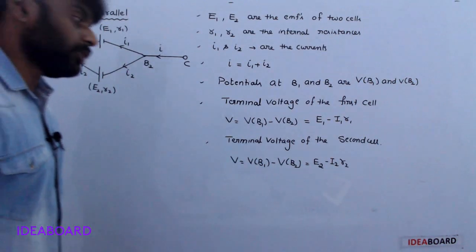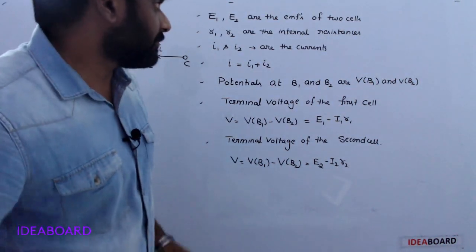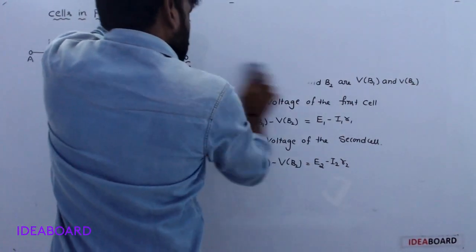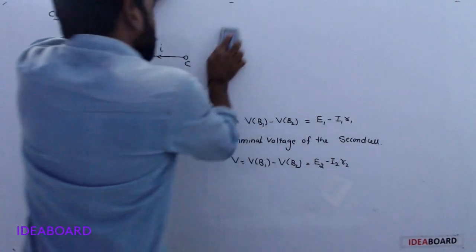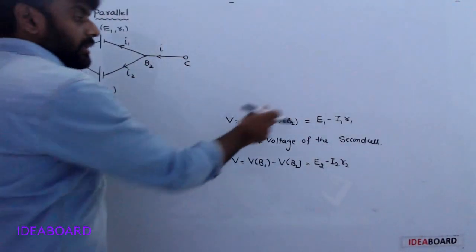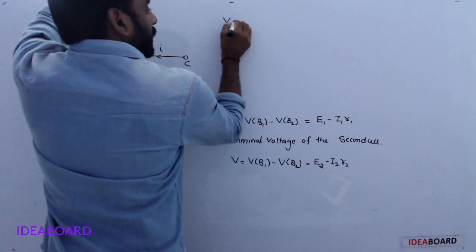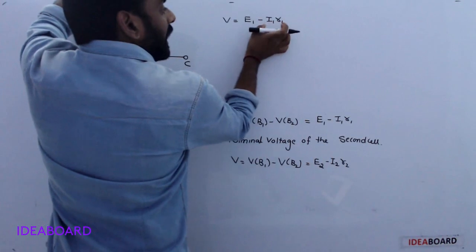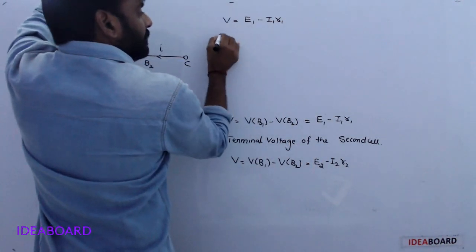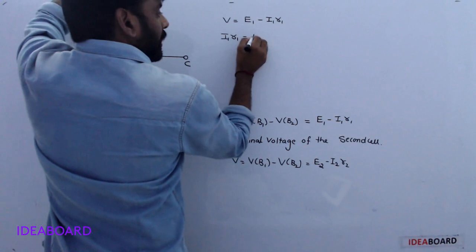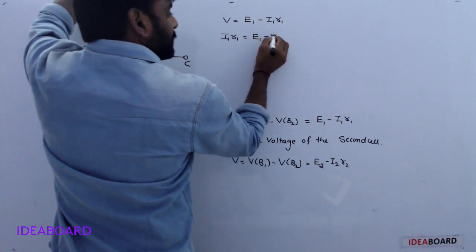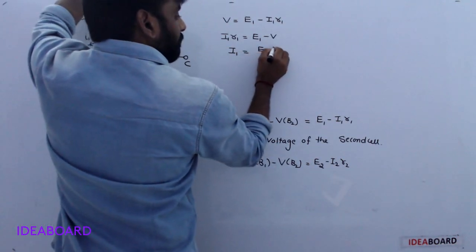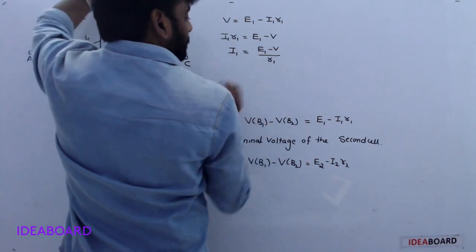Understood? Now from these two equations, V is equal to E1 minus I1 R1. Taking I1 R1 to this side, I1 R1 is equal to E1 minus V, so I1 is equal to E1 minus V by R1.